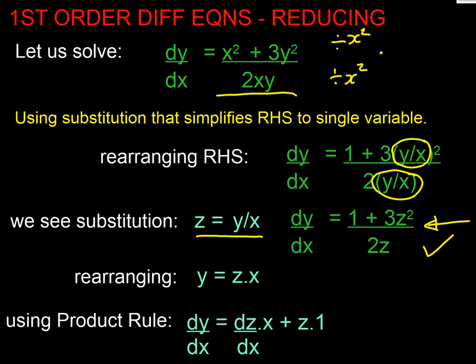And what I'm going to do is get an equation in terms of z and x. So I need to get rid of this dy by dx on the left hand side. So how do I do that? Well, if z equals y over x, then y equals zx, and I can differentiate that. Dy by dx will equal dz by dx times x, using the product rule, plus z times 1.